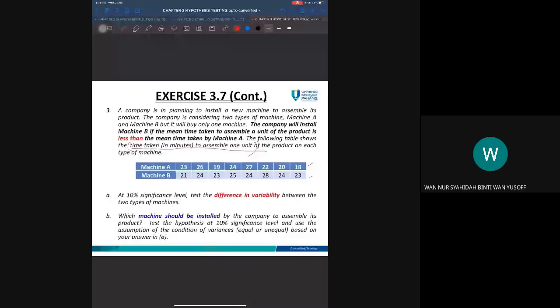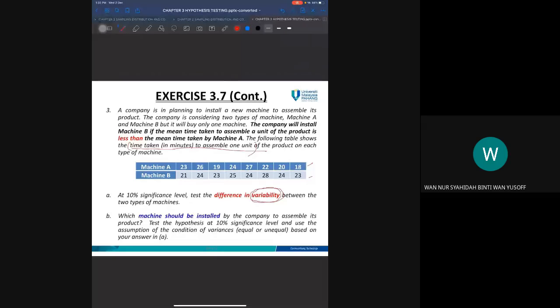At 10% significance level, test the difference in variability between the two types of machine. The keyword here is variability, so automatically it is sigma or sigma square. Both will be accepted.